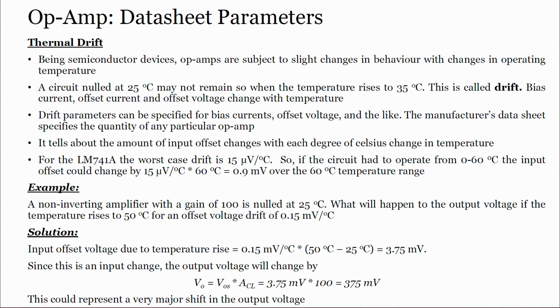So if the circuit has to operate from 0 to 60 degrees, the input offset voltage could change by 15 microvolts per degree centigrade times 60 degrees, which is 0.9 millivolts over the 60 degree temperature change, which is really a huge change, 0.9 millivolts.